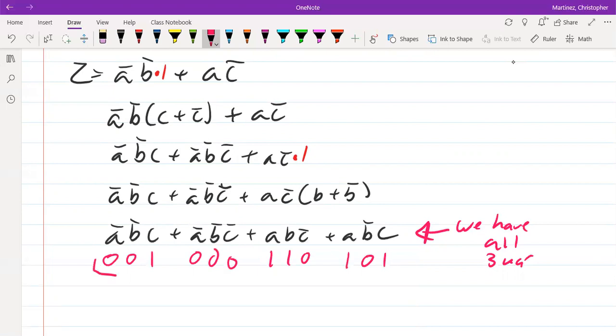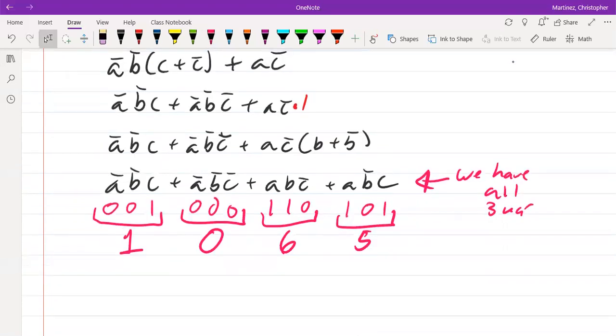All right, so I take this, and I'm going to figure out what number that is. This is decimal number 1. That's decimal number 0. Decimal number 6. Decimal number 5. Okay, so once I have those numbers, then I can say Z is, let's first do it with m's.